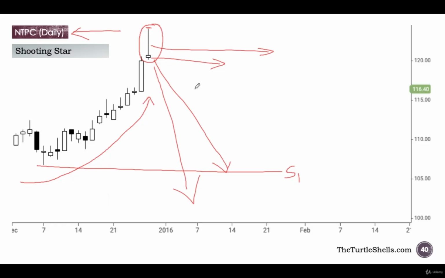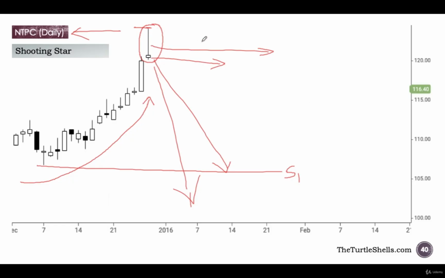But if you are a beginner trader, you're just starting out, then there are ways to take short positions through the futures contracts. So that's the shooting star resistance. That's the entry point created by the shooting star, and we can expect the prices to go down from here.